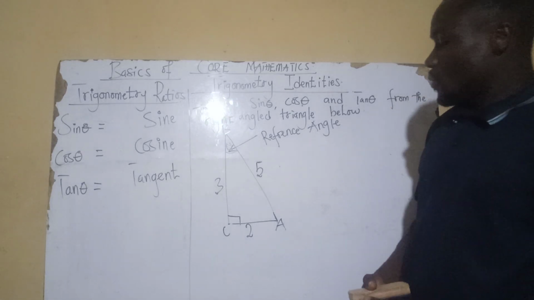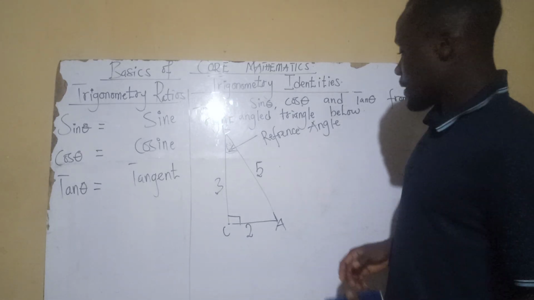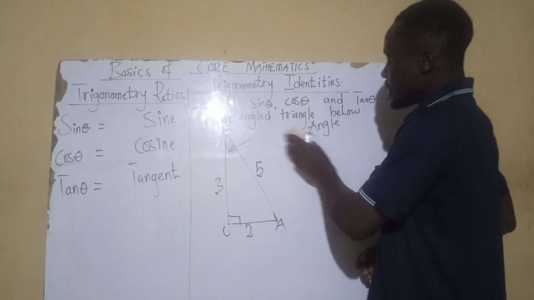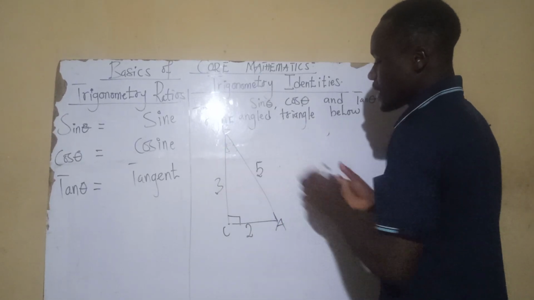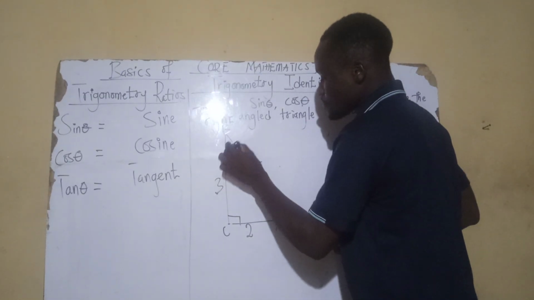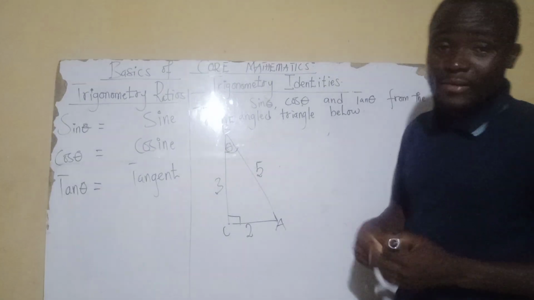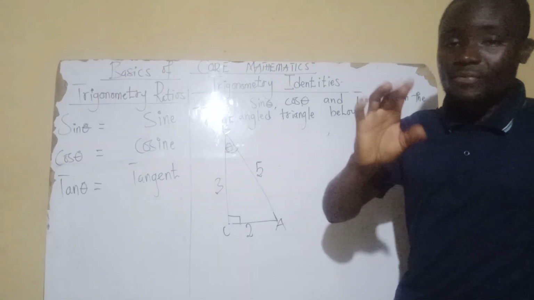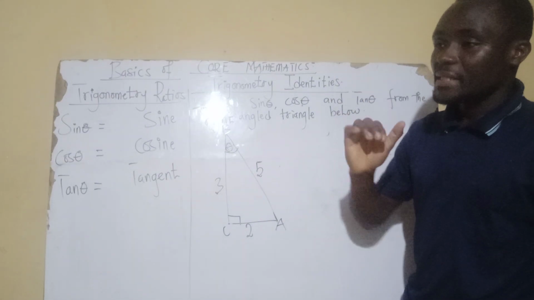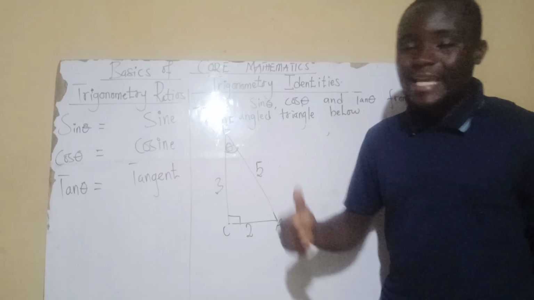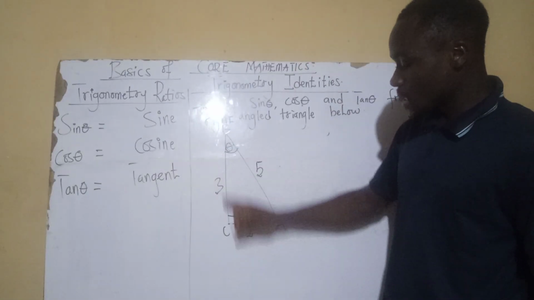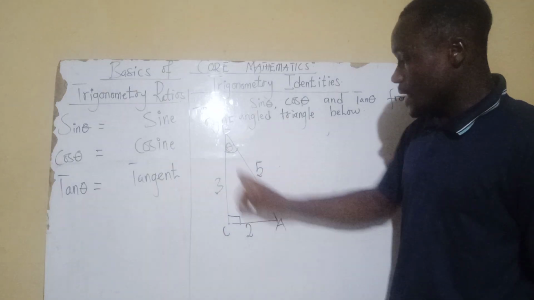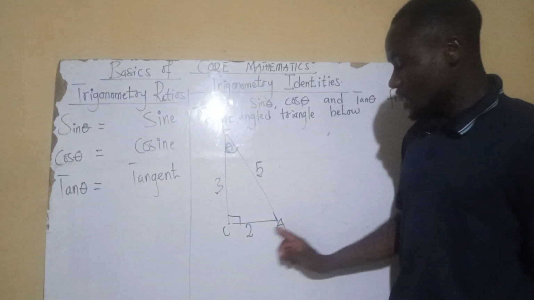Now, what I want you to know is this is a right angle triangle, as we have here. And why is it a right angle triangle? It has three sides, and it has three vertices. Are you with me? So these are the vertices: vertex 1, vertex 2, vertex 3, and then we have side 1, side 2, side 3.